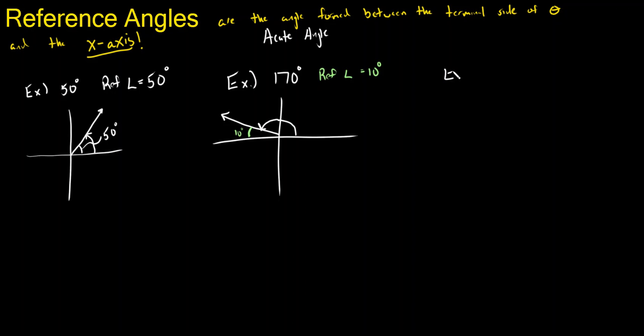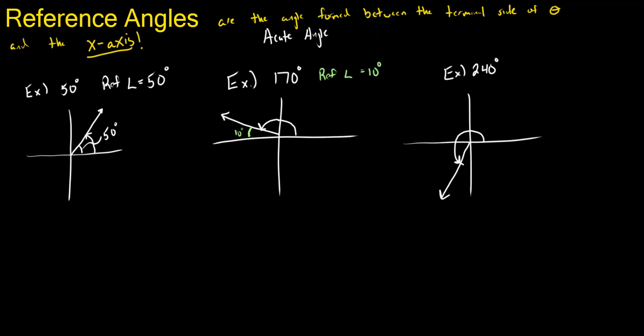Let's take a look at just a couple more to make sure we're on the same page. Let's say 240 degrees. That's going to be in quadrant 3. So I'd go 90 degrees, 180 degrees, and remember the whole rotation here would be 270, so I end up somewhere right around here.